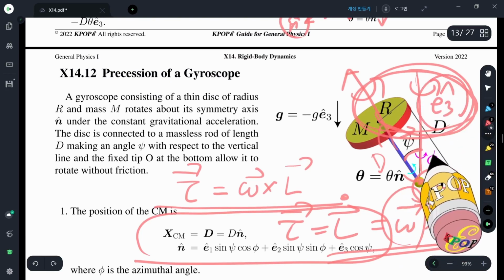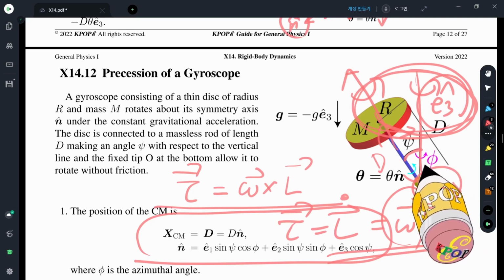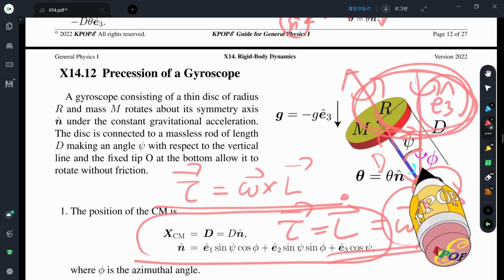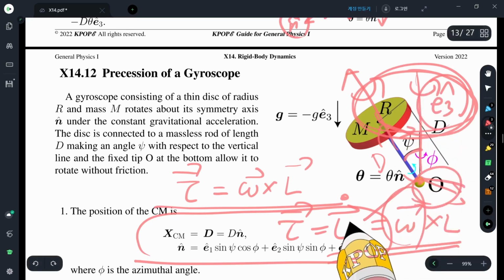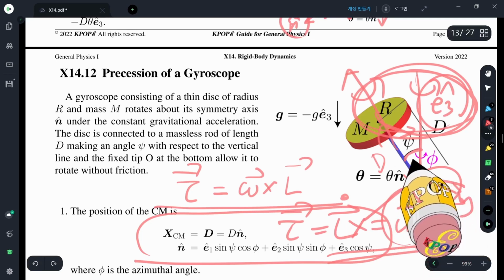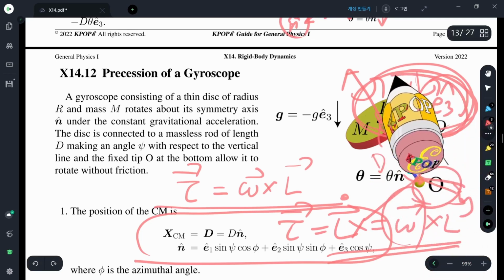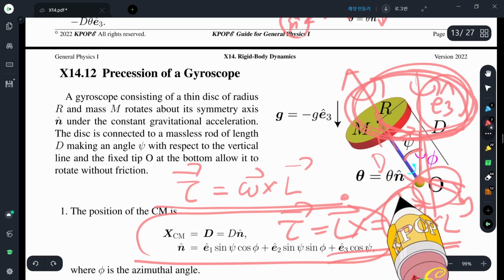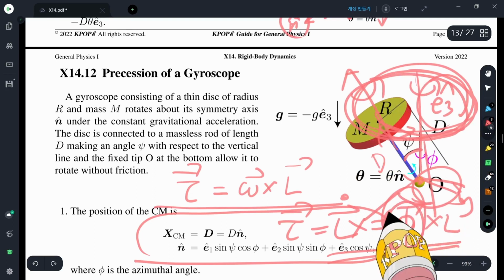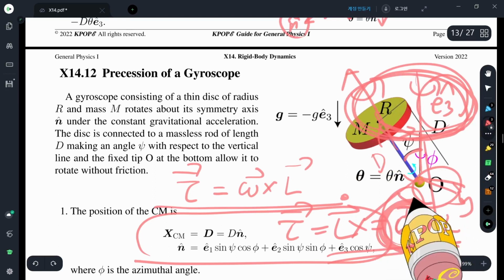And we have another angle of the rotational angle, azimuthal angle, with the xy plane. This one rotates the circle, so I can choose the angle phi that is azimuthal angle.